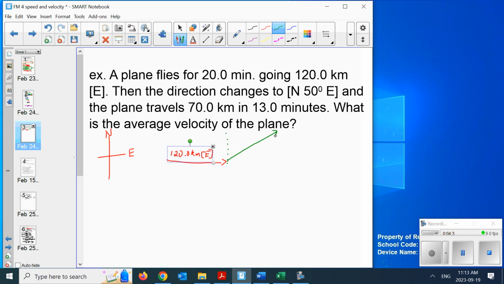Now, this is 50 degrees. I tend to like my right triangles drawn like this, to the x-axis, but in this case, when I do that, 50 degrees leaves 40 degrees inside that corner, 90 minus 50.